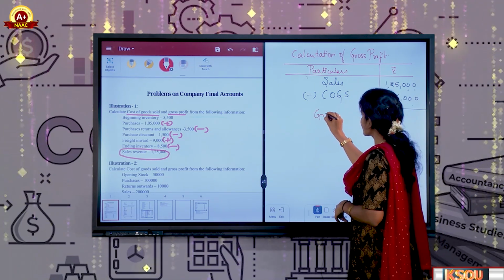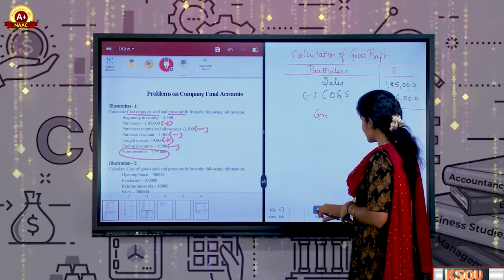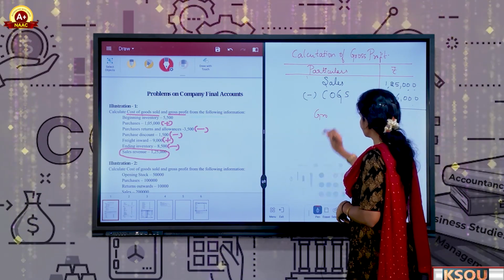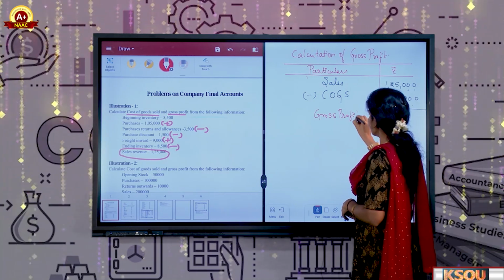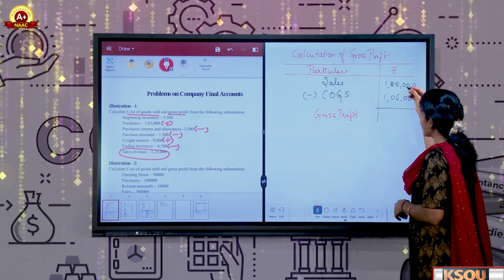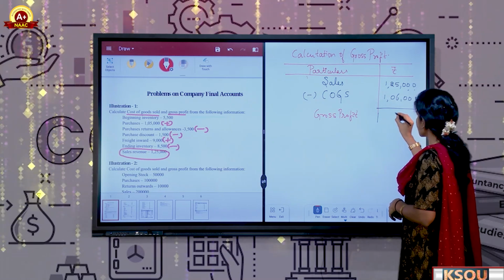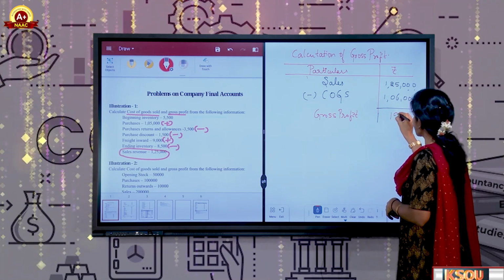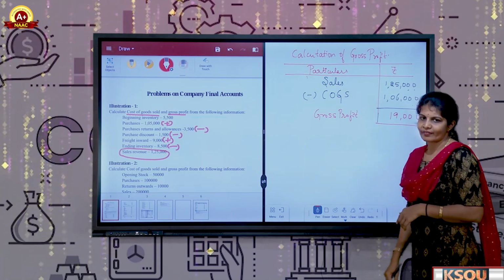So this gross profit is nothing but sales minus cost of goods sold. Okay, so 1,25,000 minus 1,06,000 is 19,000, which is the gross profit.